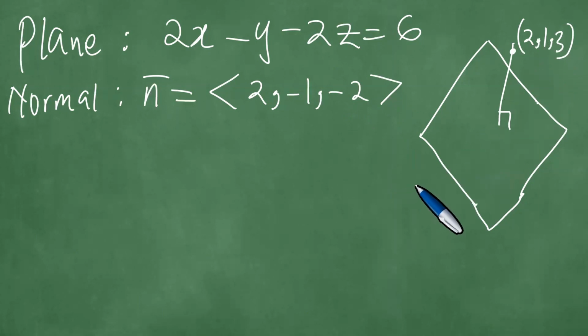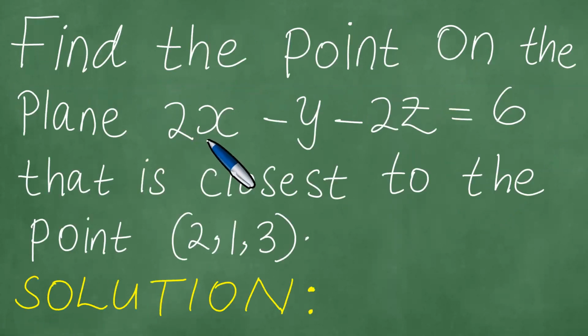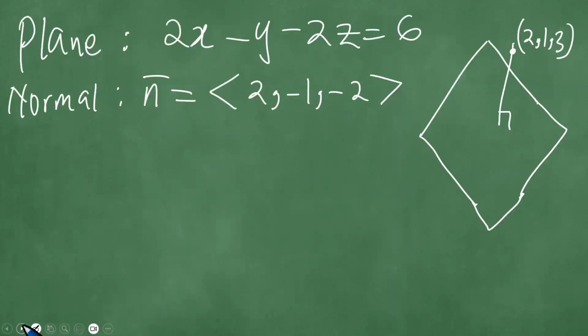The point (2, 1, 3) is not on the plane, but we are interested in finding the point on the plane that is closest to (2, 1, 3). What point on this plane is closest to (2, 1, 3)?